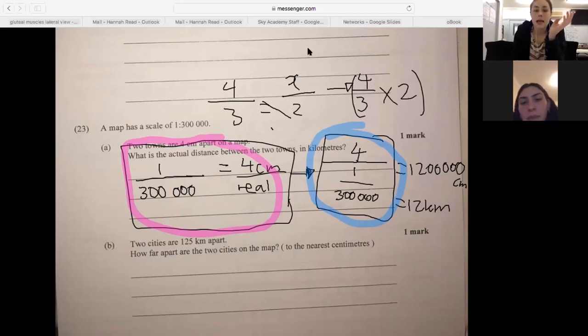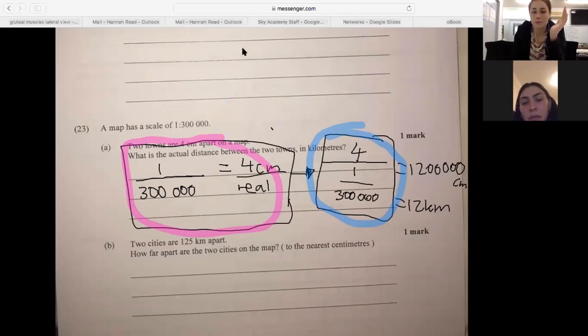Does that make sense? And so I'm doing the same logic, but instead of timesing across, I'm going to do the fraction. So if anything's ever like this, and I want to get the y by itself, you just take whatever's on top and you put it on top over there.